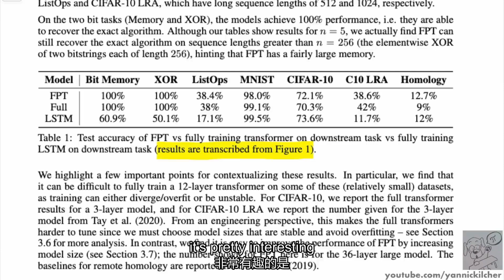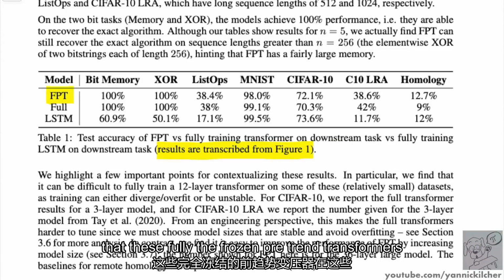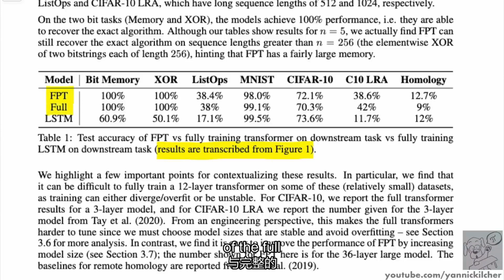It's pretty interesting that the frozen pre-trained transformers match the performance of the full and outperform the LSTMs on these tasks. Pretty cool. So in some tasks, you can see right here in the homology, they even outperform the fully trained transformers.